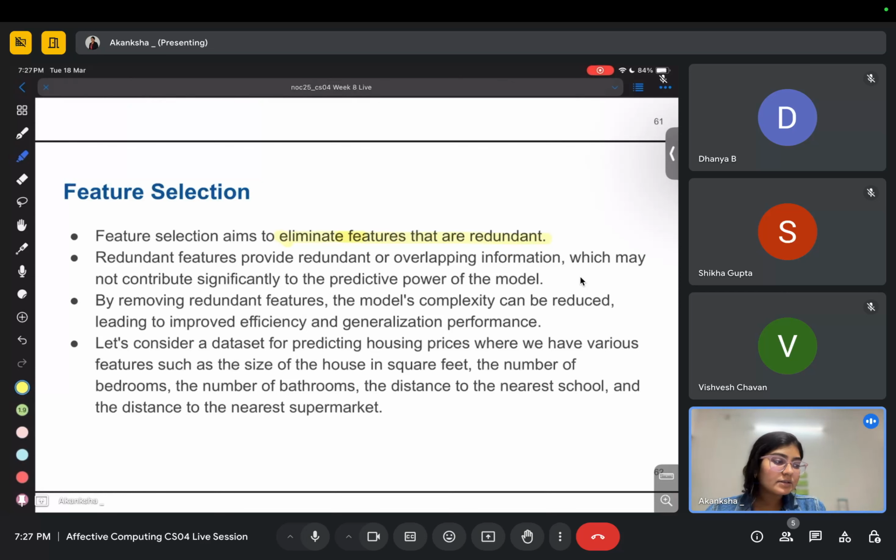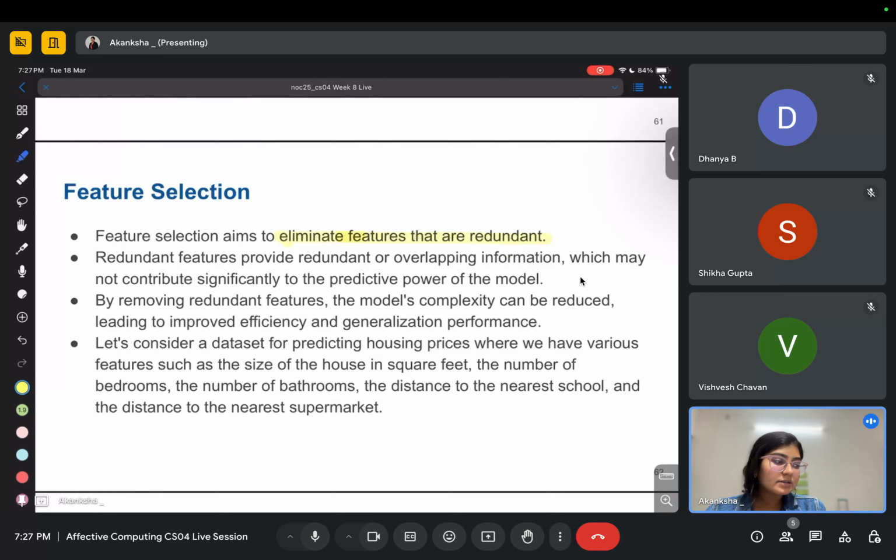Let's say we have a data set of house price prediction, and we have various features: size of house, number of rooms, number of bathrooms, the distance, and so on. Let's say the size of house and the number of bedrooms are highly correlated, in the sense that if size is increasing, there's a high chance that the number of bedrooms will be higher. So it will be correlated.